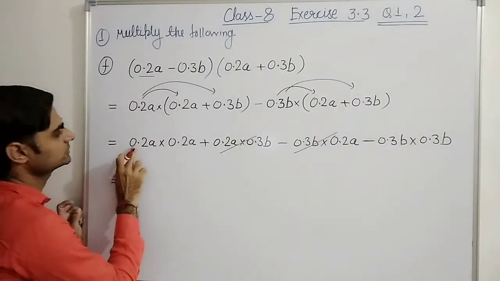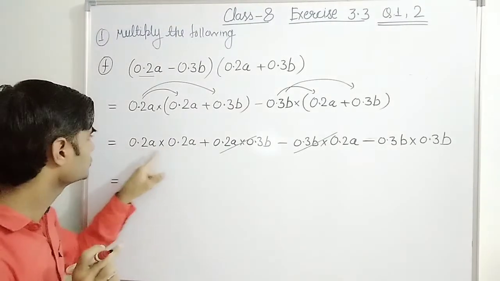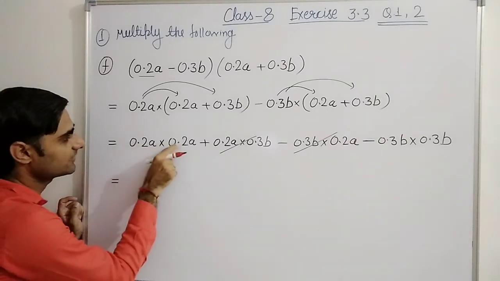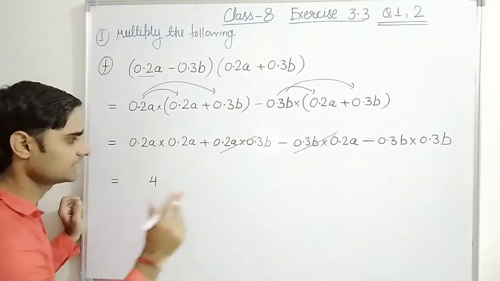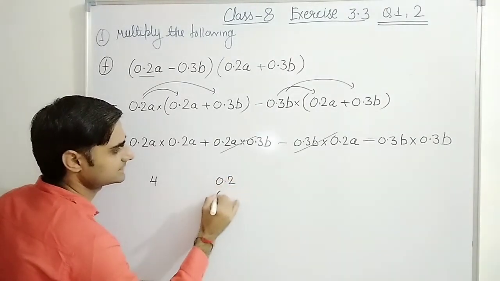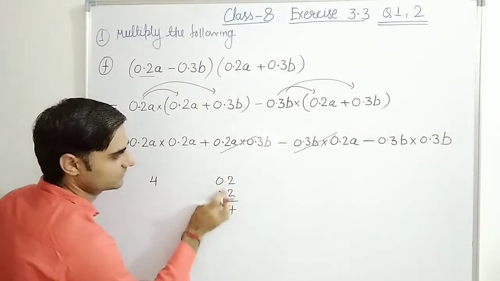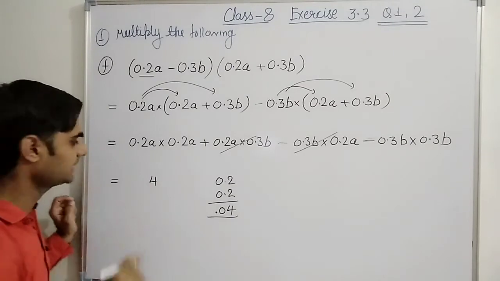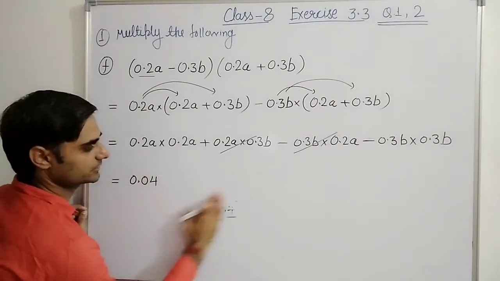This will be equal to 0.2 0.2 multiplied, 2 twos are 4, 4 will come, decimal after 2 places, 1 and 2. Alright, like this we are multiplying, na? 0.2 multiplied by 2, 2 twos are 4, and 1 and 2, so 1 and 2 like this. Okay, this will be equal to 0.04. Got it?